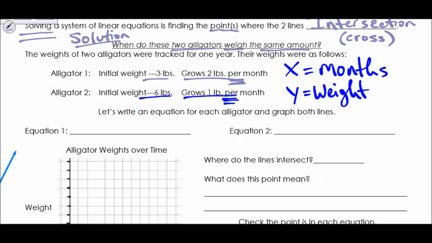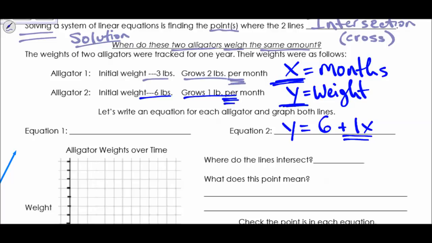The months is the independent variable, which is why I'm calling that the x. The weight is dependent, so I'm calling that the y. So I'm going to say y, my weight, is 6 plus 1 times the number of months. It's gaining 1 each month, or per month. So I'm multiplying that 1 times that number of months, which is my x.